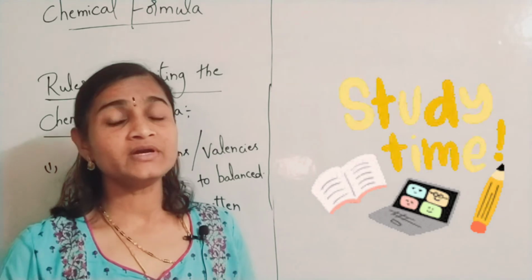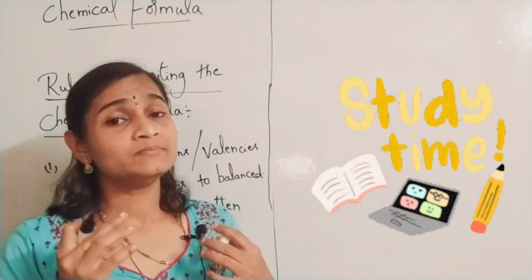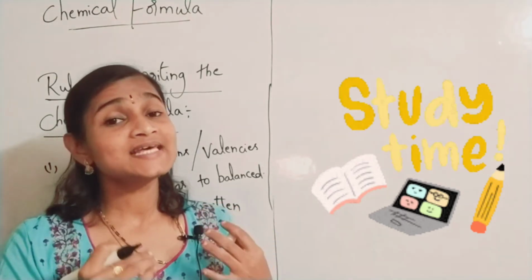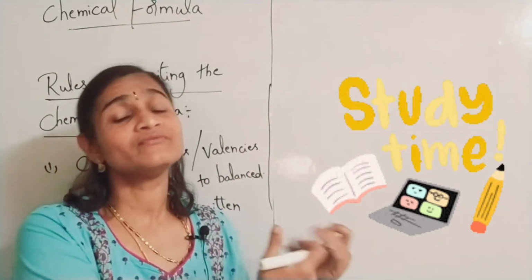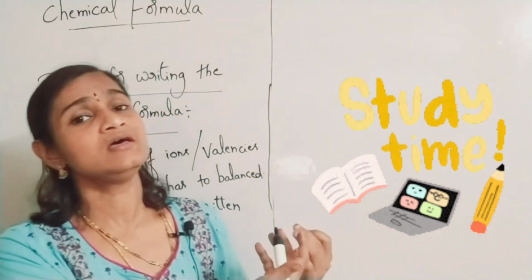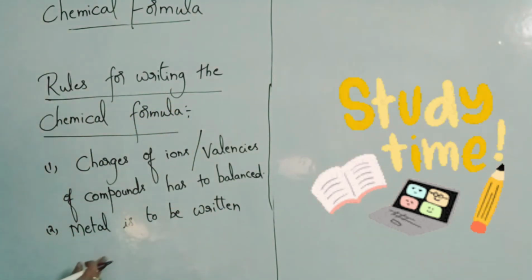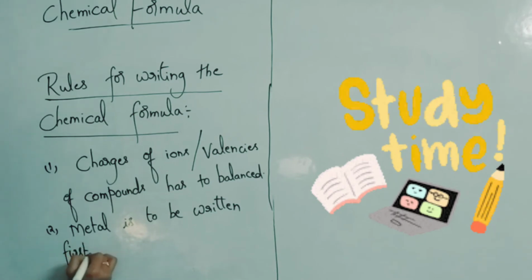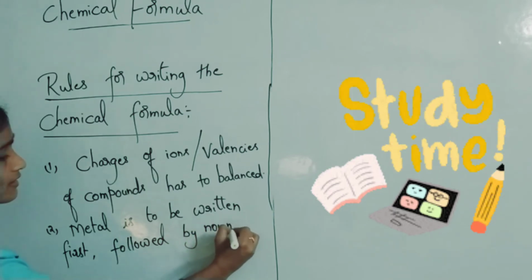Suppose a compound is made up of two non-metals, you will be writing the symbol of the element with lower atomic number first, followed by the non-metal with a higher atomic number. So metal is to be written first, followed by non-metal.